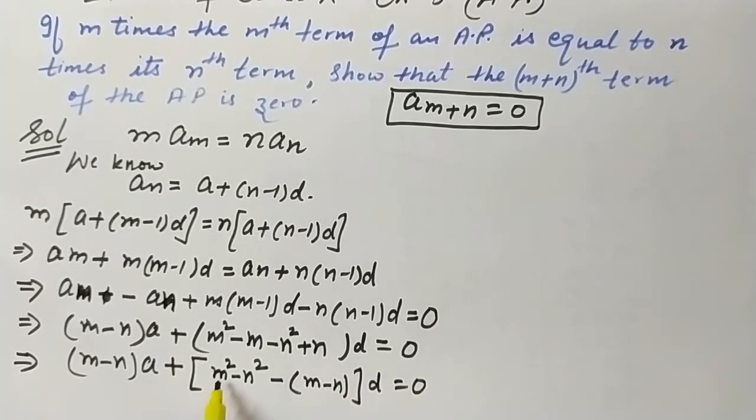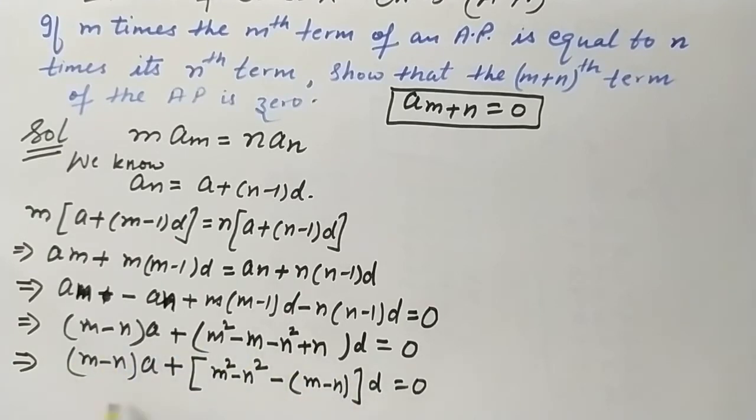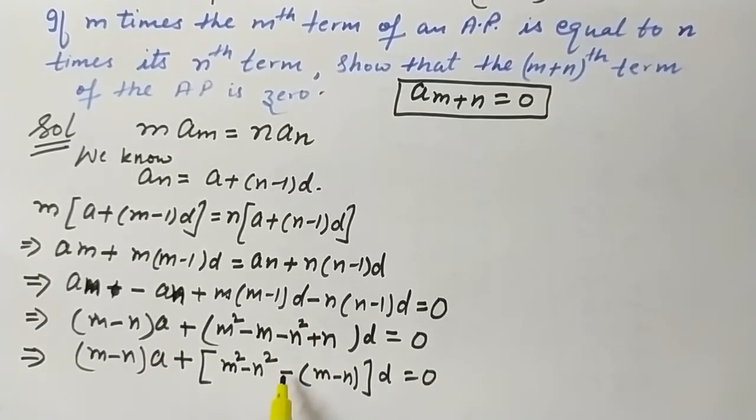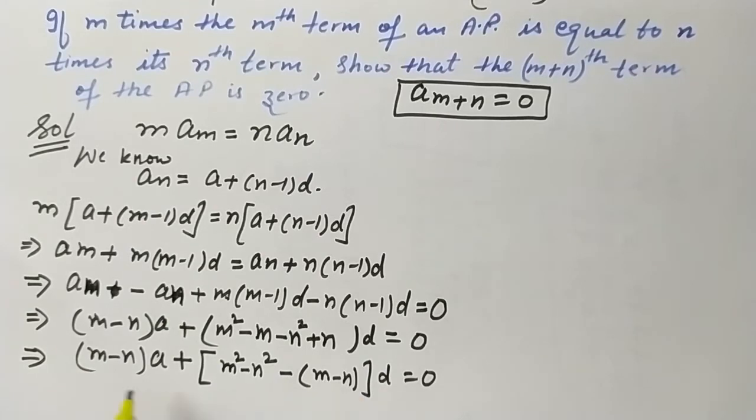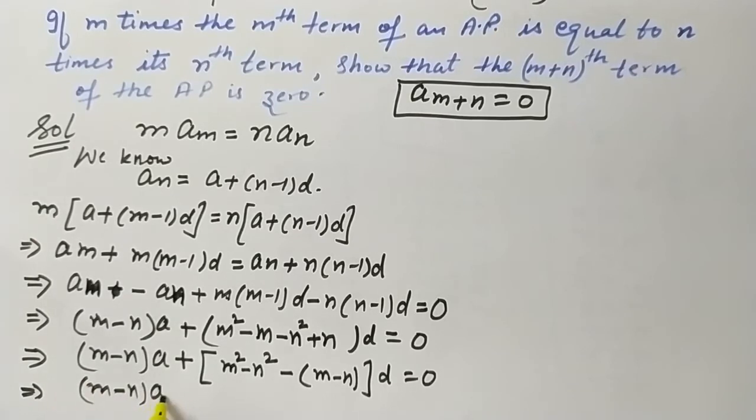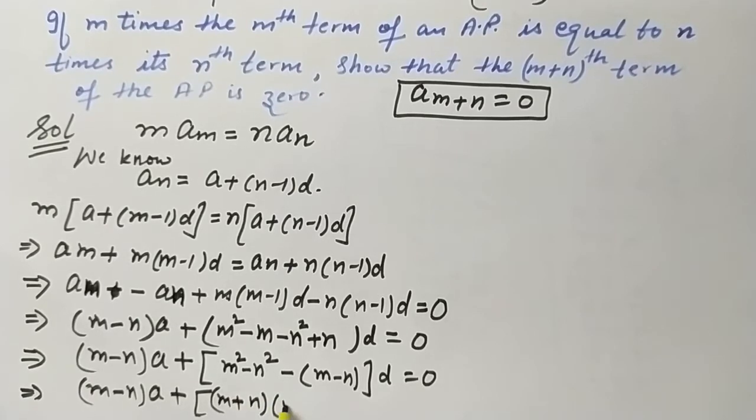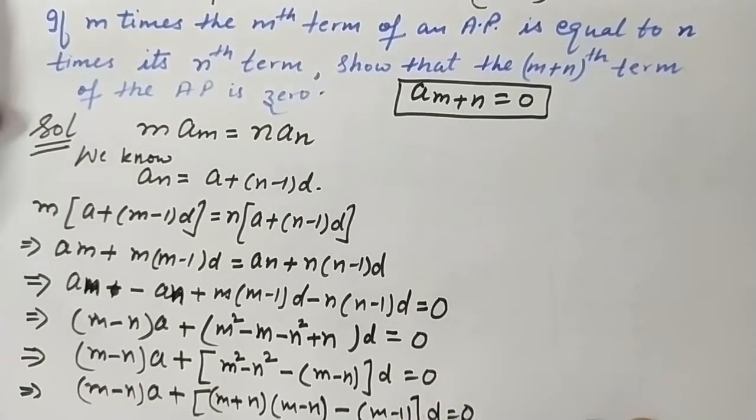If I put the formula a square minus b square, it will give me (m plus n) into (m minus n), a plus b into a minus b. So this is the same, I can take m minus n common from all of the left hand side. That's why I have taken the minus sign common, and m minus n stays as it is. So it becomes (m minus n) into a plus, here also (m plus n) into (m minus n), minus (m minus 1), into d, is equal to 0.